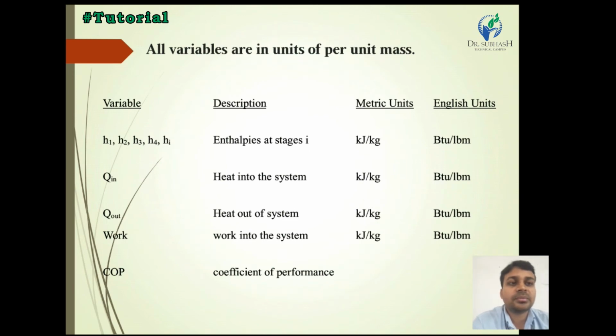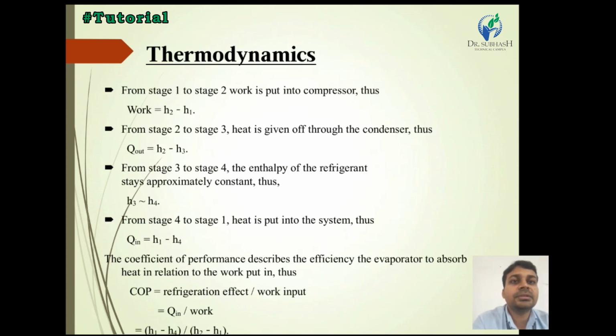Q out means the process occurs in the condenser: from the higher pressure and high temperature from the compressor, we have to reject heat to the atmospheric condition, that is Q out. Work means we give mechanical work to the compressor, that's the work into the system. COP, the coefficient of performance, measures how much refrigeration effect occurs in the enclosed space. We calculate it by COP.